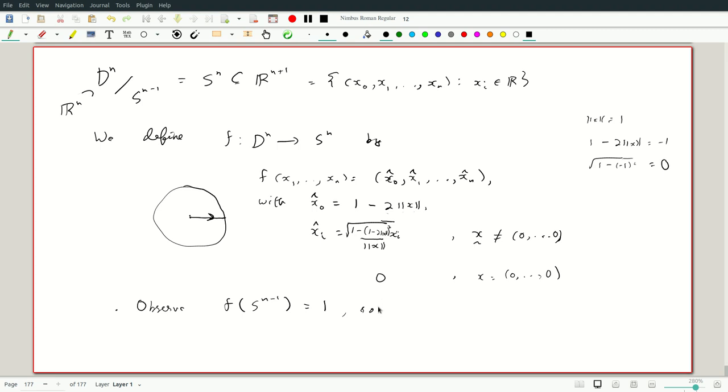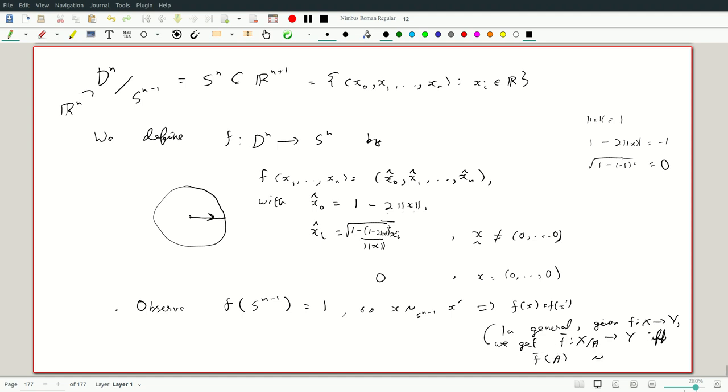So if I have x tilde Sn minus 1 x prime, it implies that f of x equals f of x prime. Okay, here it's worth noting, so in general, given f from x to y, we get f bar from x by a to y if and only if f bar of a is a point.